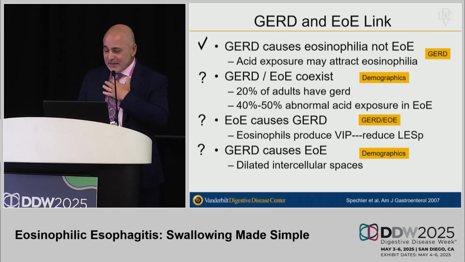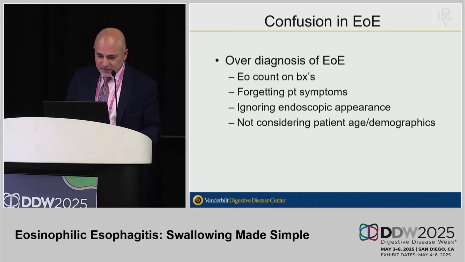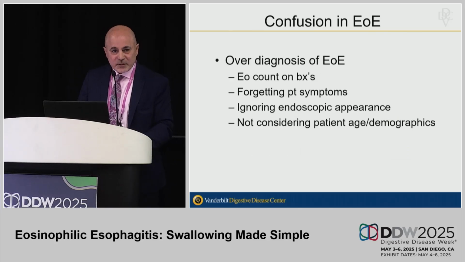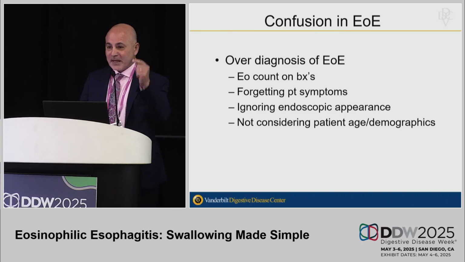So for me, as a clinician, someone that takes care of patients, I think the confusion in EOE and the patients that I see are because they're overdiagnosed. They're biopsying the distal esophagus, they're finding eosinophils, and they're saying this is eosinophilic esophagitis. Why? Because we told them that's how we should diagnose the patient.